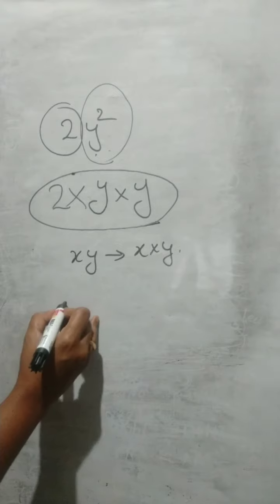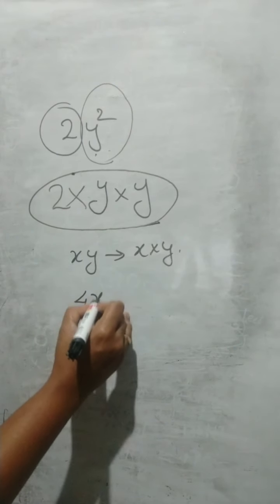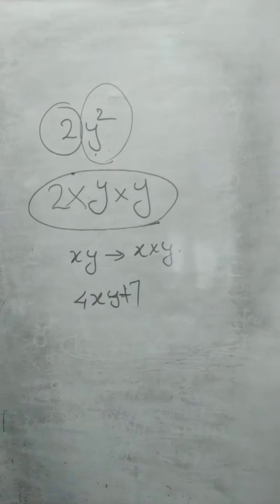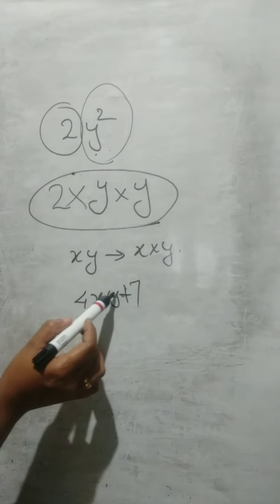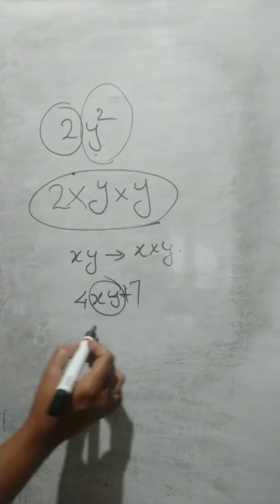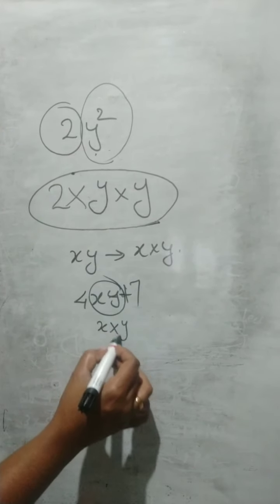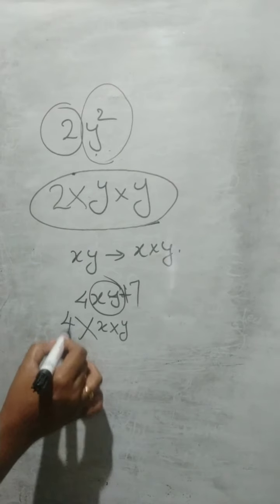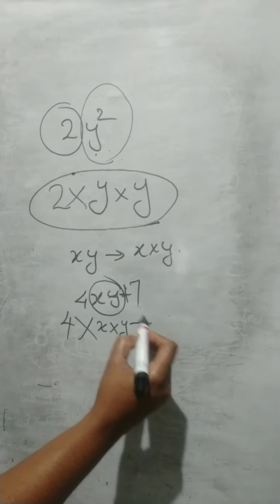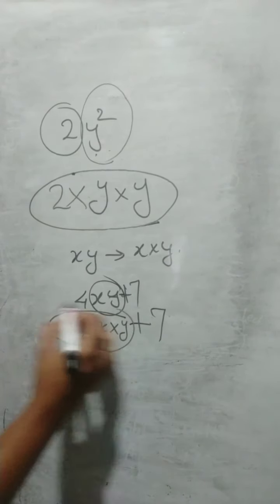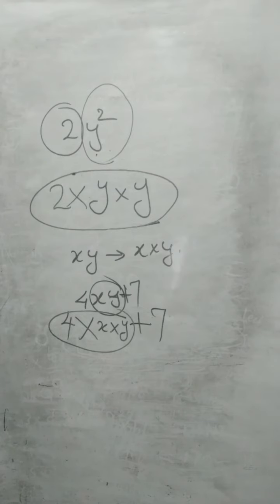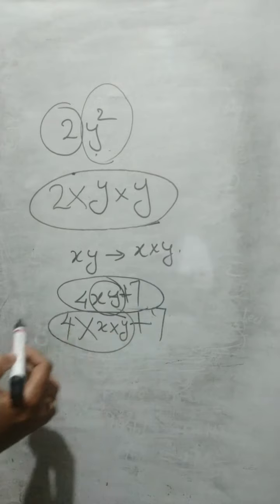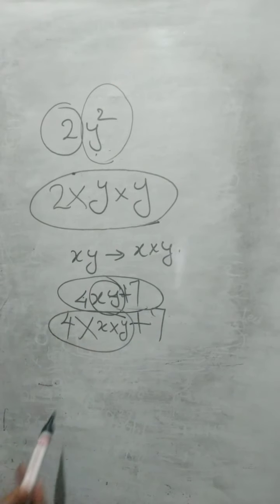And in the case of 4xy plus 7, what is its meaning? Here, first we have to obtain xy, x times y. Then we have to multiply by 4. Then add 7 with this product. Clear? That is the meaning of 4xy plus 7.